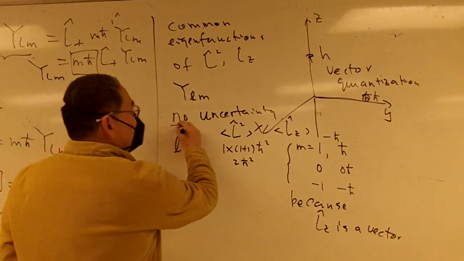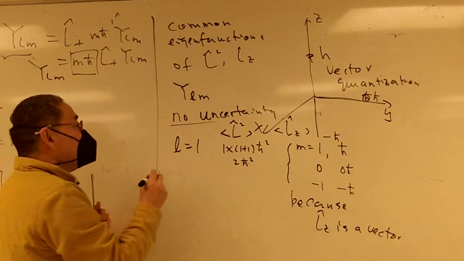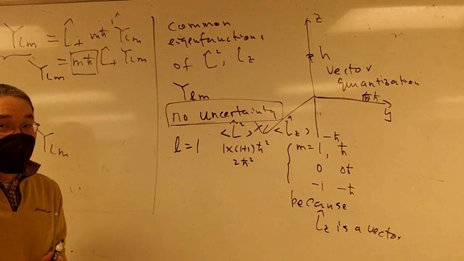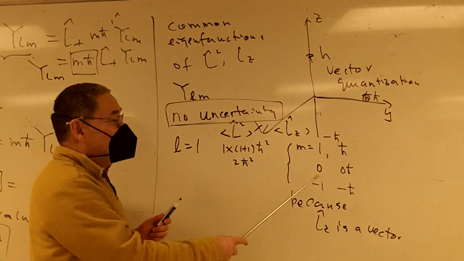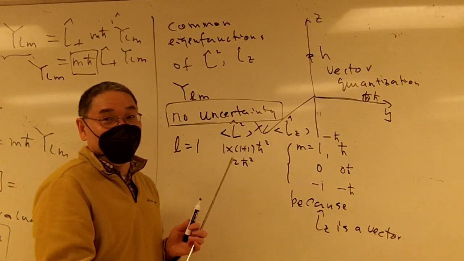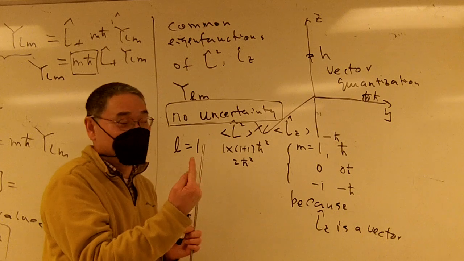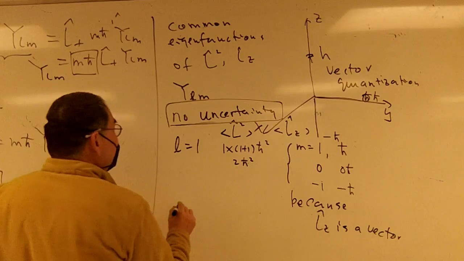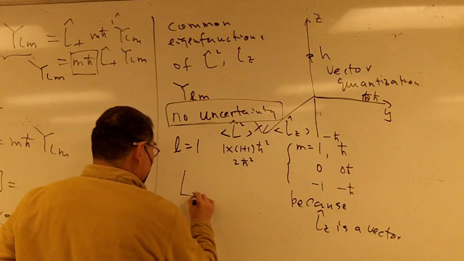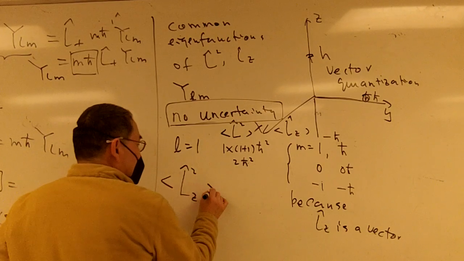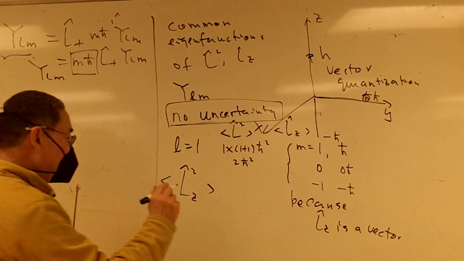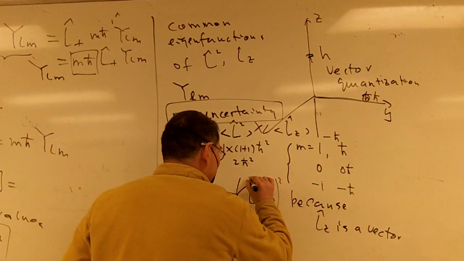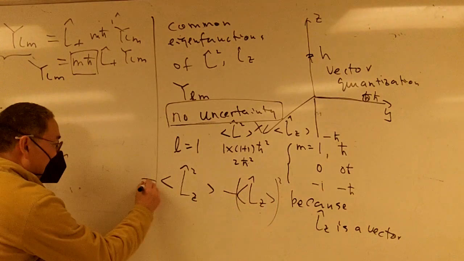So again, you got it? When we say there is no uncertainty, we did not say Lz can only choose one value. That's the non-trivial part. When we say no uncertainty, what we mean is the following: if you calculate the expectation value of Lz squared minus the expectation value of Lz, squared, this equals 0.